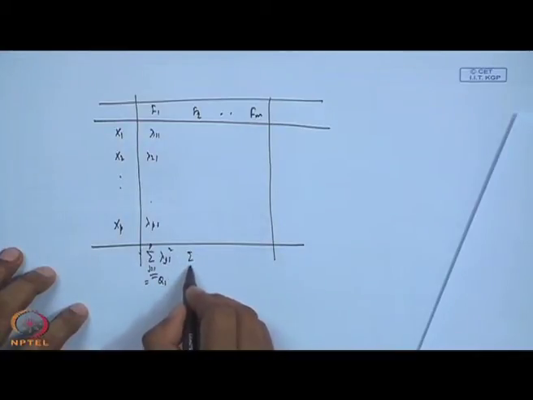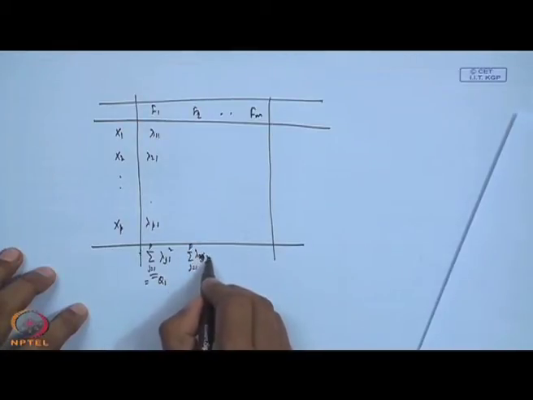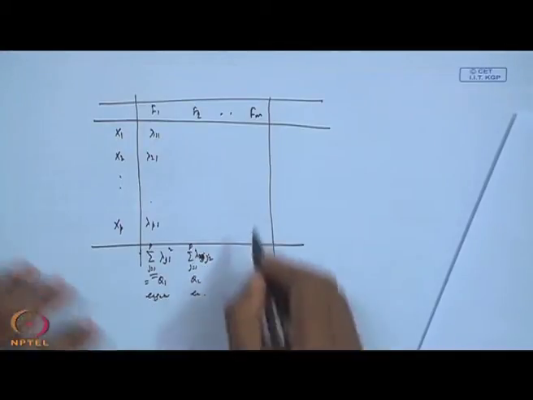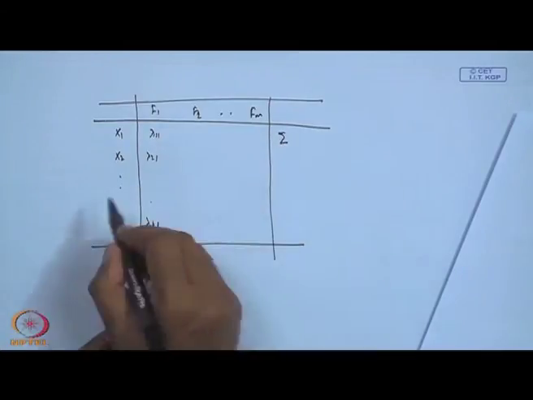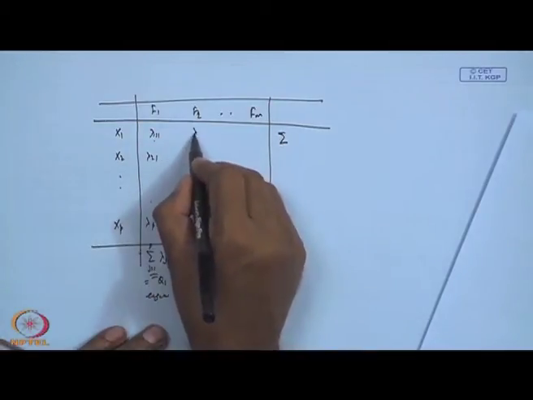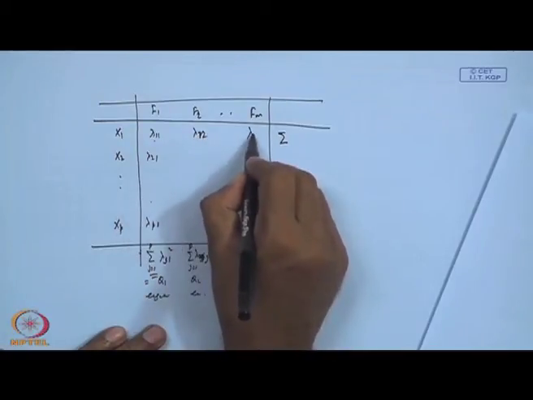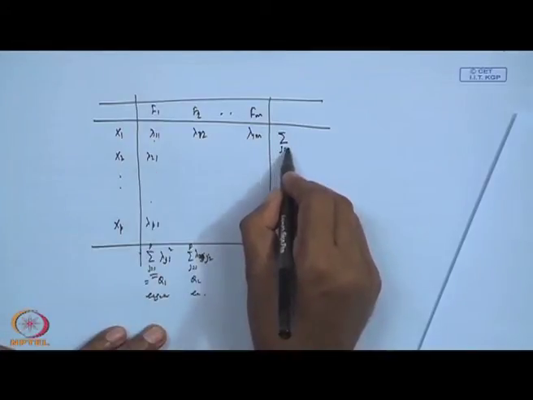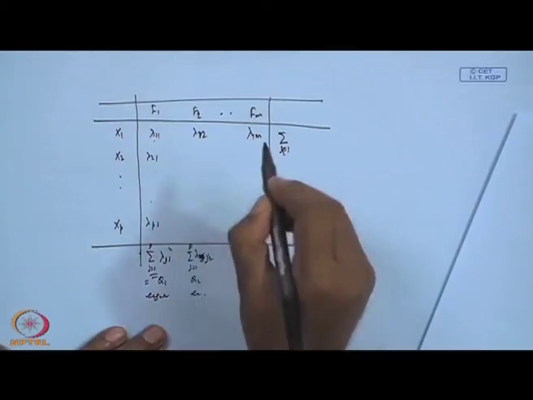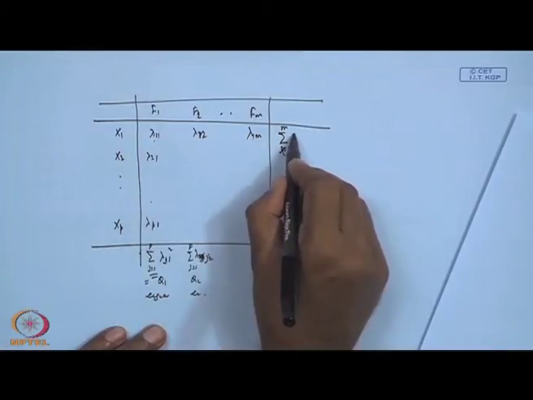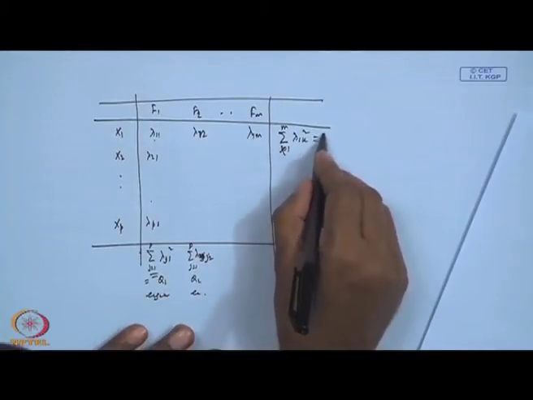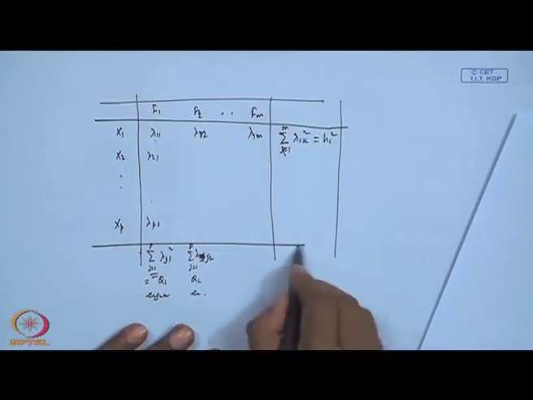Similarly the second, sum over j equal to 1 to p of lambda j2 square will be your q2. So eigenvalue here also. And similarly if you take the sum across, lambda 11, lambda 12, up to lambda 1m, with k equal to 1 to m, then the sum of lambda 1k square is your h1 square, the communality.